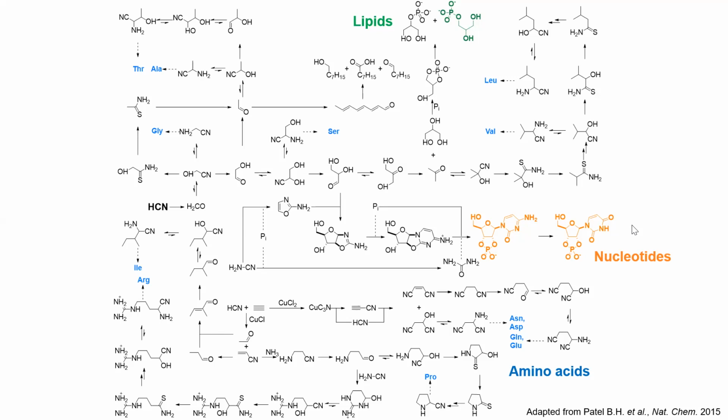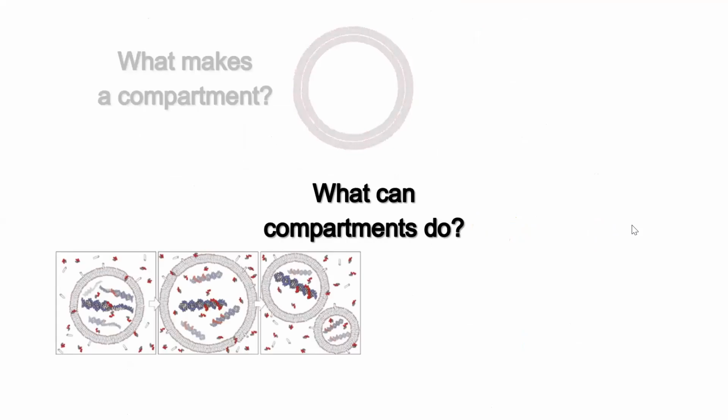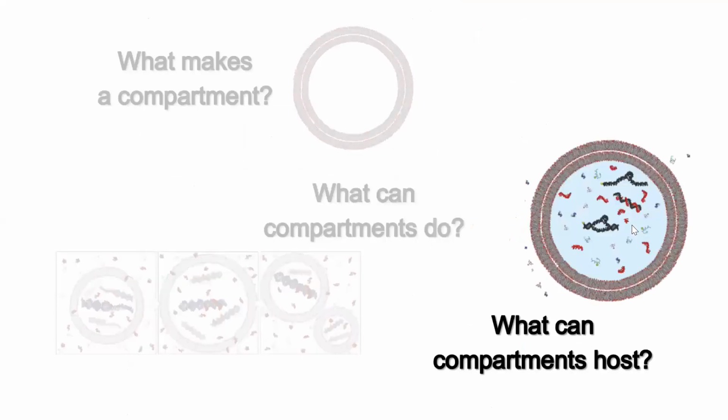And so the first question that one wants to address is, what do we need to make a compartment? The second question would be, what can compartments do? And the third question would be, what can compartments host? What kind of chemistry can occur inside compartments that can make up a primitive cell?